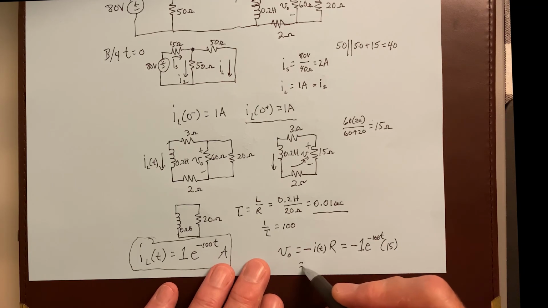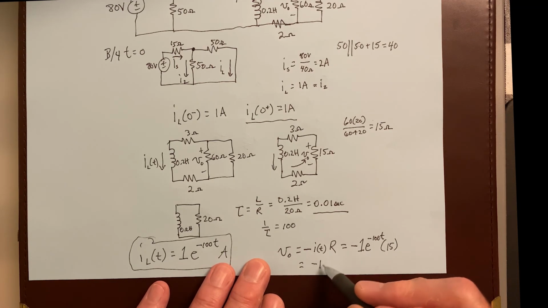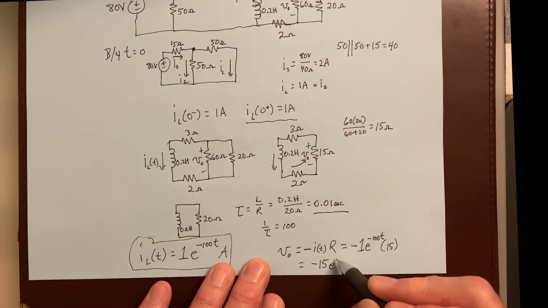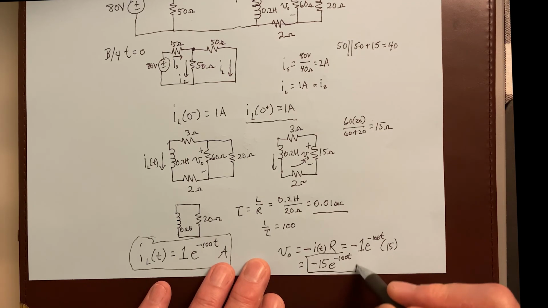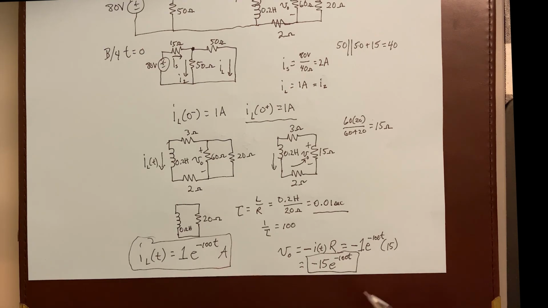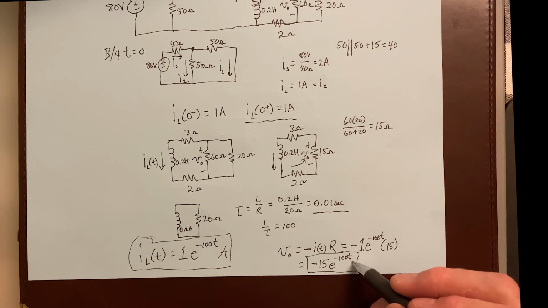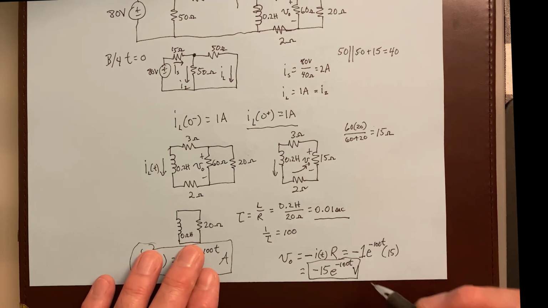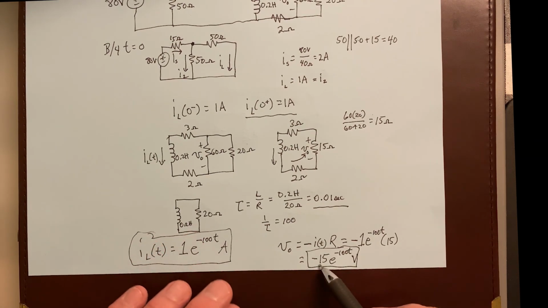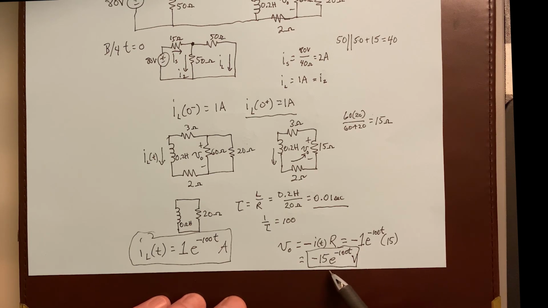So V naught is equal to negative 15 e to the negative 100 t. There's our answer for the voltage across this 60 ohm resistor. It's going to start out at negative 15 volts, and the units are volts here, and over time it's going to decay.